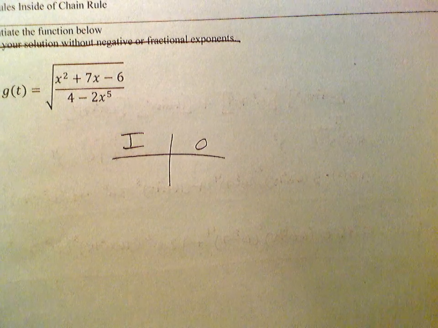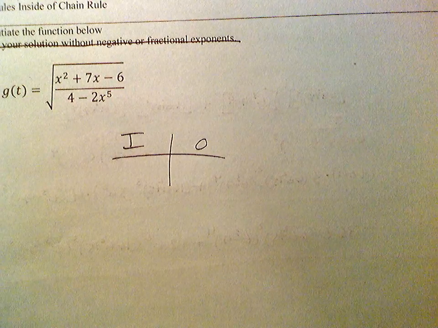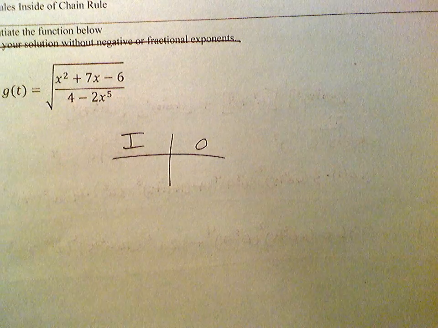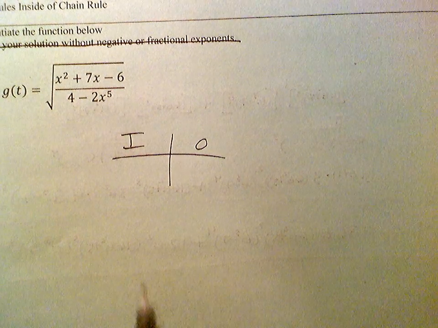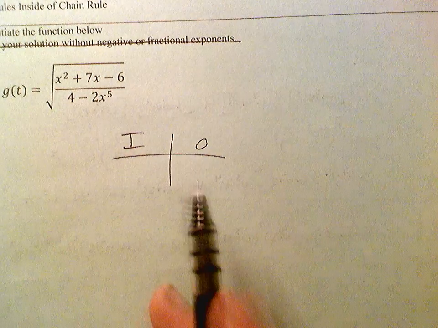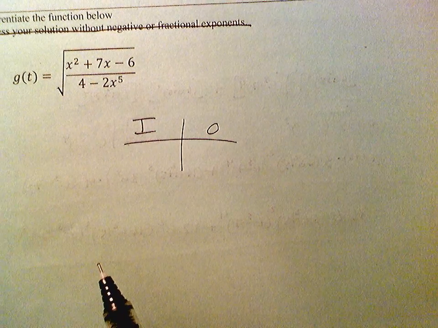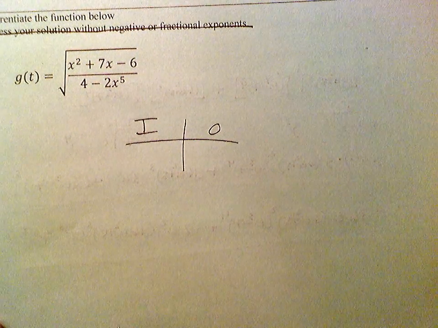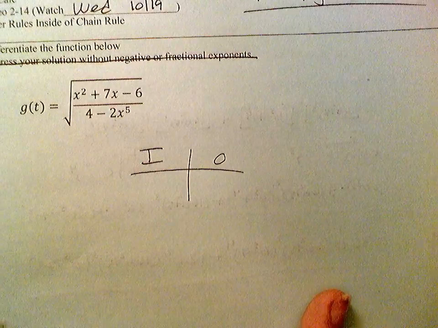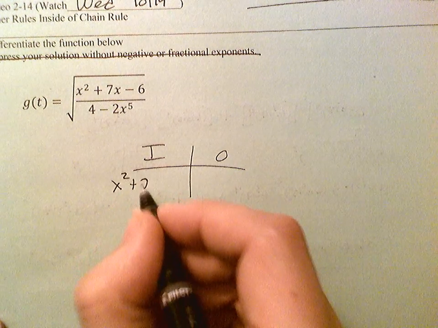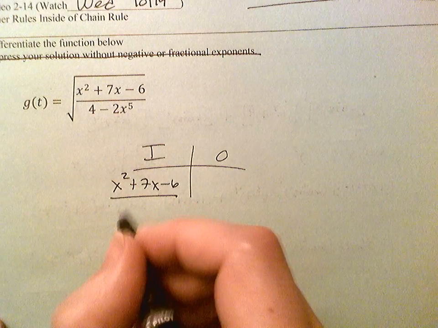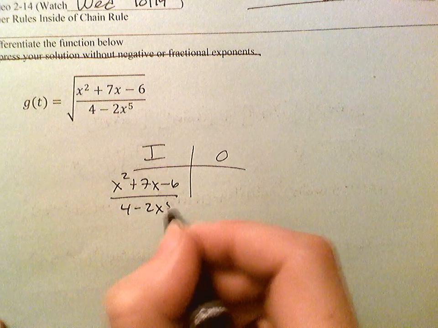Some people are not going to ever feel comfortable without the in and out chart. Not this year anyway. In the future you will, like Calc 2, Calc 3, whatever. But this year, use it as long as you need to. And if you ever feel like you're past it, then that's fine. But in a situation like this, you definitely want to use it. So the inside function is x to the second plus 7x minus 6 over 4 minus 2x to the fifth.